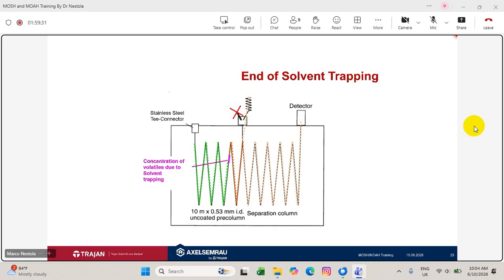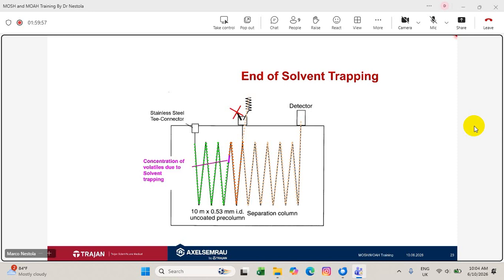The problem is, as you might know, we started the system with retention gaps from another company. That was also Restec as the separation column. But in 2017, Restec got problems in the production of the retention gaps. The surfaces inside the retention gaps were not deactivated enough anymore.